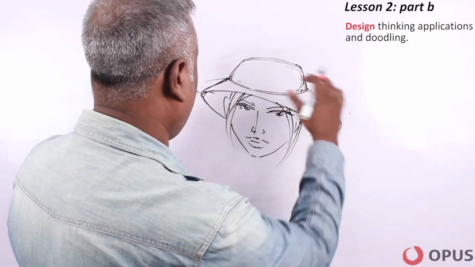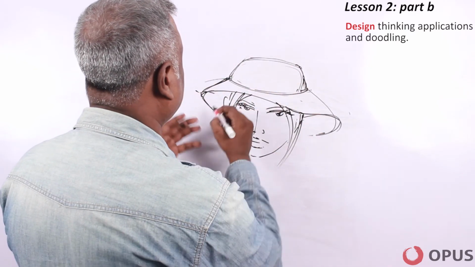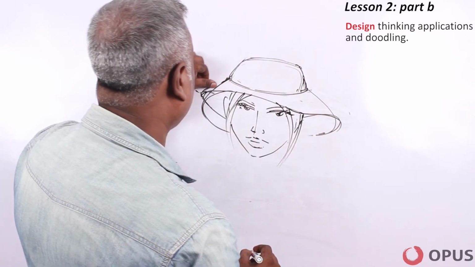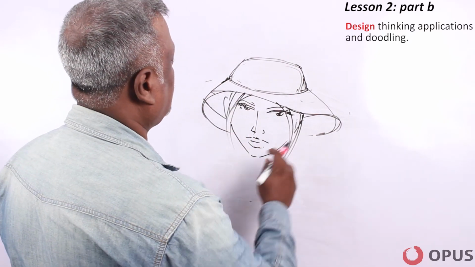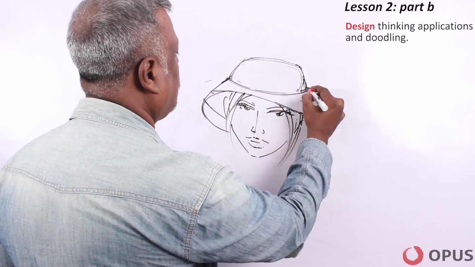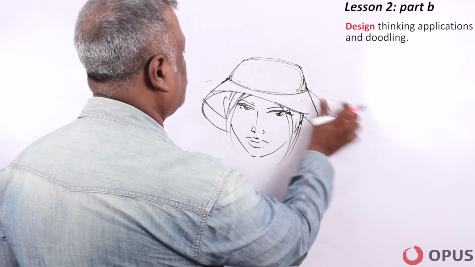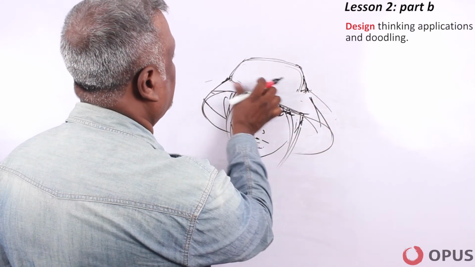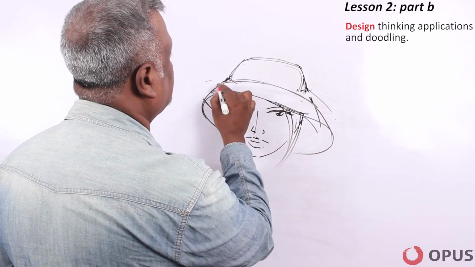Hat, I think the hat has to be a little more curvaceous and more full. Shall we have the hat like this? Okay, yeah, why not? The hat would go down a little bit more. This way, no. A bigger, so it's going to be this way.